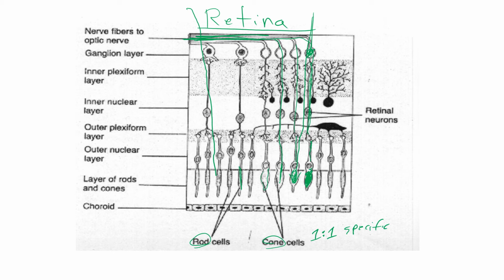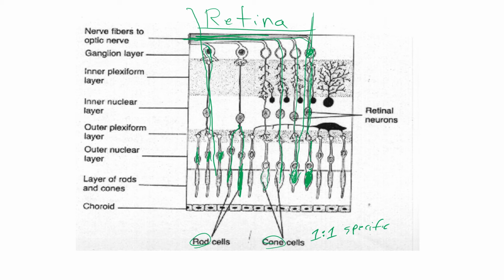The rods, if this rod is stimulated, it sends an impulse to this neuron, or it could be this one sends one to it. And over here I have 1, 2, 3 different rods stimulating the same neuron that sends an impulse on up to the brain.